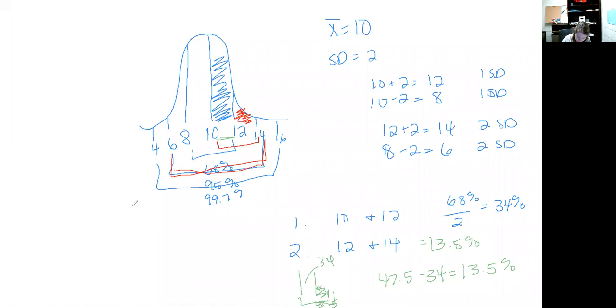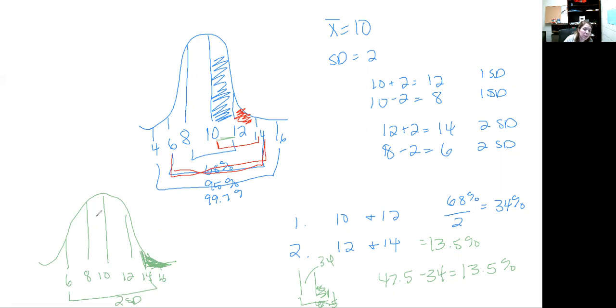All right, let's do the next one, above 14. So we want above 14. So here's 10, here's 12, here's 14, here's 16, and we want just this part. Okay, so that means that we're looking at this one, and this again is going to be your 2 standard deviations, but we want just above that.